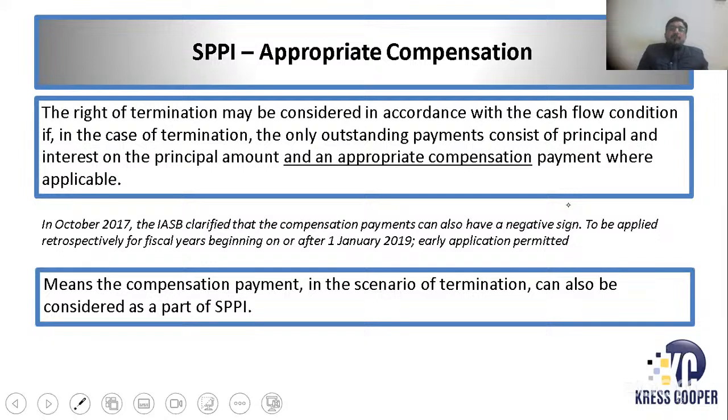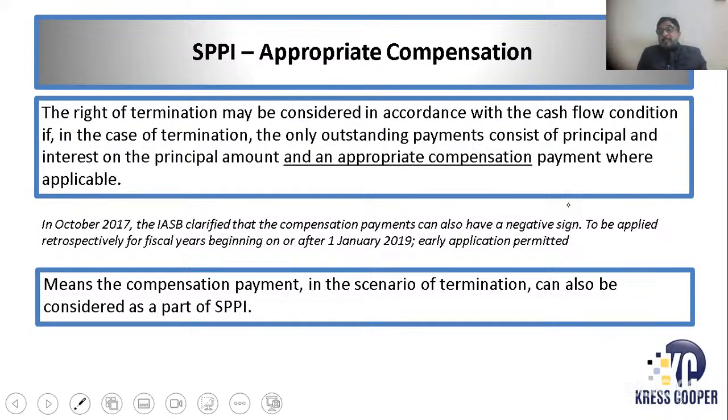There is one more very important concept which is associated to SPPI. That is the concept of appropriate compensation. Sometimes what happens is that an early payment penalty is imposed, or if the borrower seeks an extension, again a penalty or a sort of compensation is imposed on the borrower.